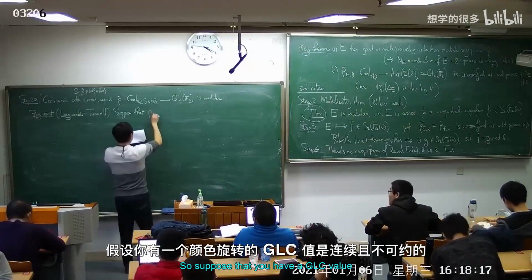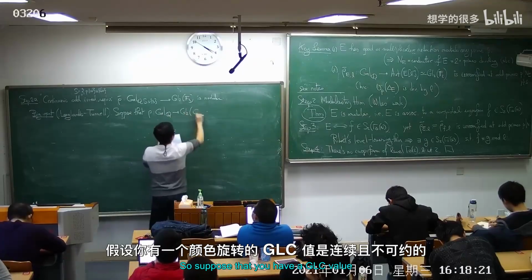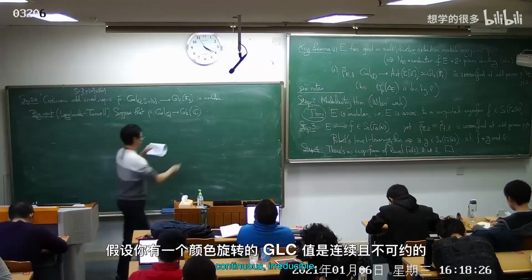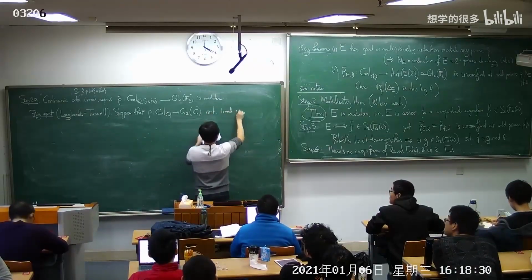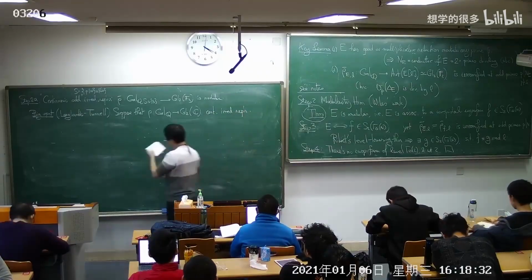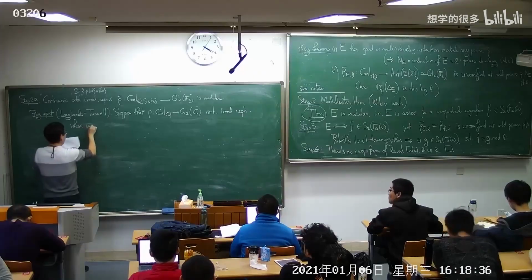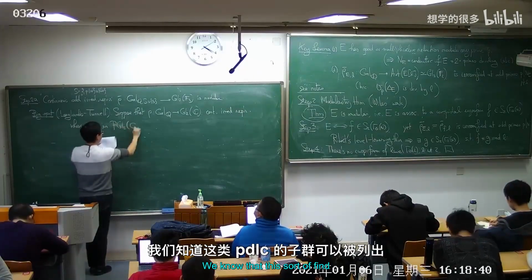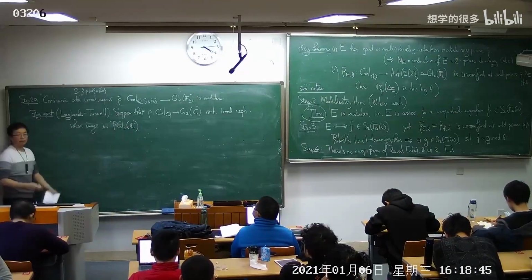So suppose you have a GL2(C)-valued Galois representation, continuous, irreducible, whose image in PGL2(C)... We know that these finite subgroups of PGL2(C) can be enumerated.